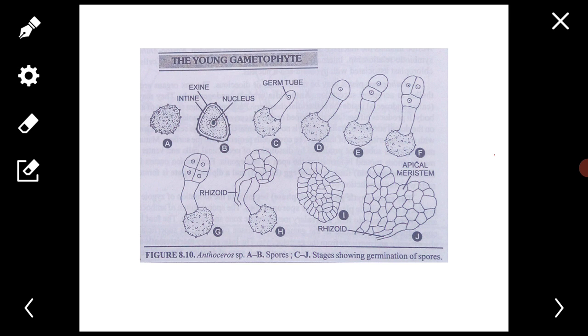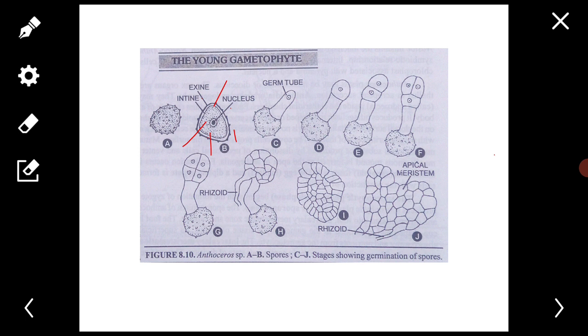The exospore is thick, reticulate and shows spines or papillate-like outgrowth, as you see here. Whereas the endospore is thin and membranous. The color of spore differs in different species.